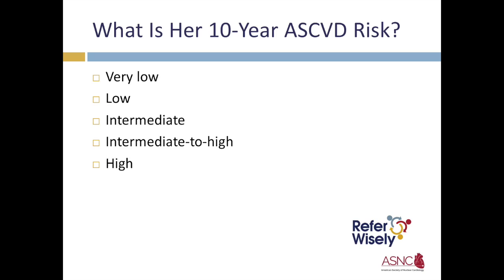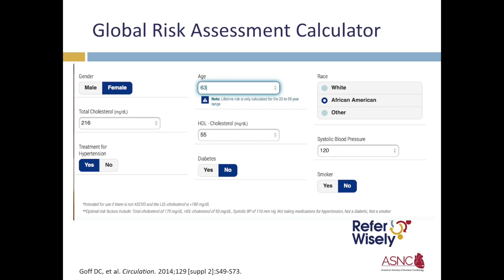So based on the data presented, what is her 10-year ASCVD risk? In order to calculate this, we go to the Global Risk Assessment Calculator based on the 2013 ACC/AHA guideline on the assessment of cardiovascular risk.